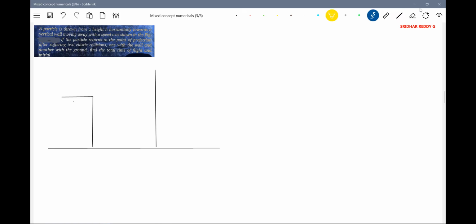Here the ball is projected. I don't know whether I discussed this in class, but very good, some problem based on the collisions idea has been introduced. There's a wall. The wall is also moving with a velocity v/4.